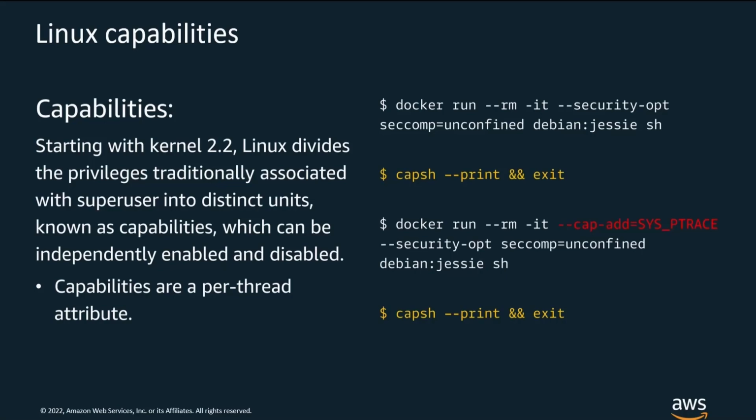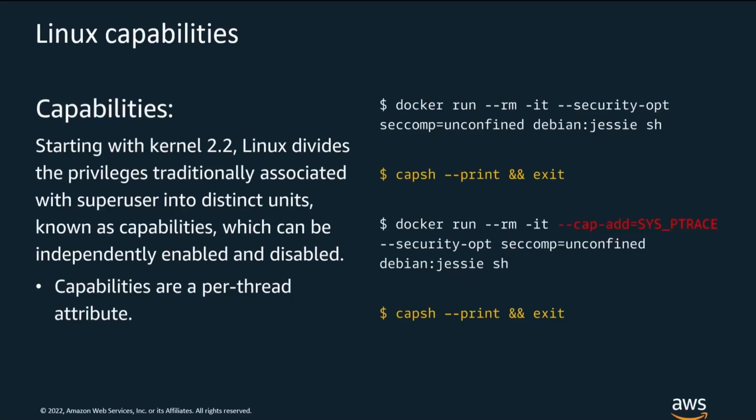As you can see in this example on the screen, we have a Debian container which is starting without any capabilities with the standard Docker capabilities, and then we use cap-add to add SYS_PTRACE, which is a specific capability around enabling the ptrace syscall. The default configuration of Linux capabilities that are added or removed from your container is provided by Docker if you're using Docker.